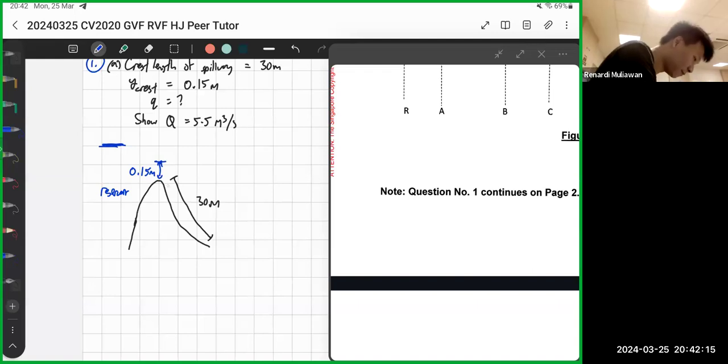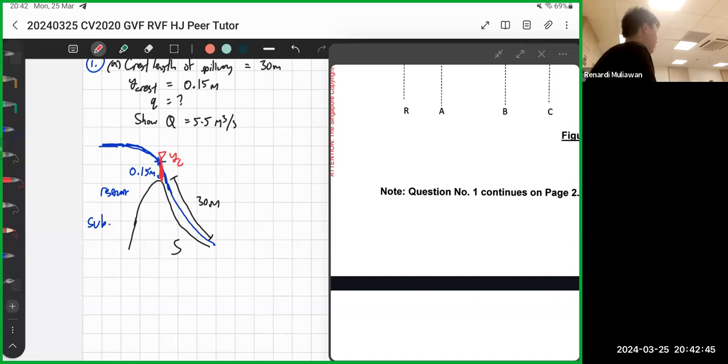The reservoir is very big and deep, so it's subcritical. Subcritical to supercritical means it must pass through YC. So 0.15 is actually the YC.